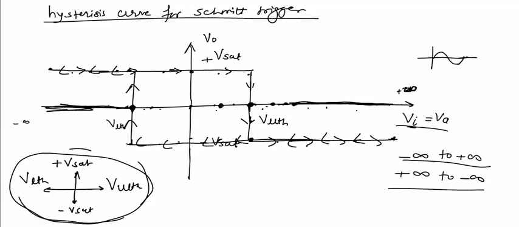Now we'll solve some examples on Schmitt trigger circuit.